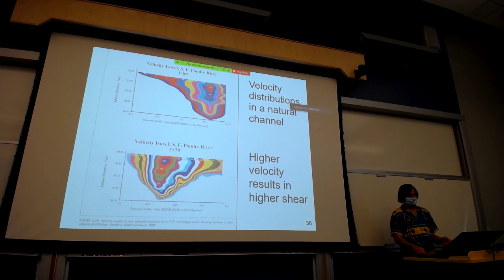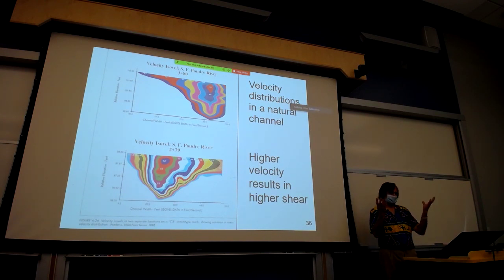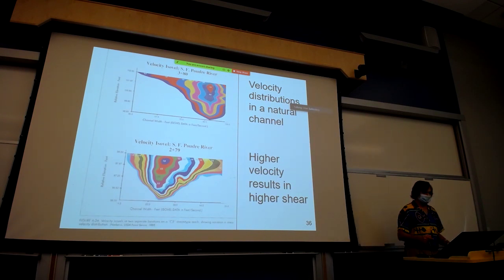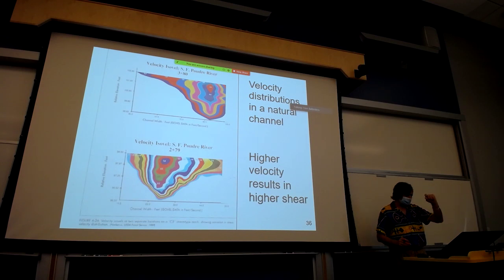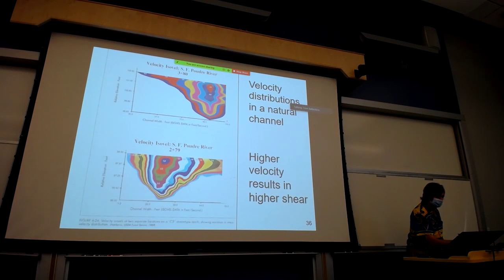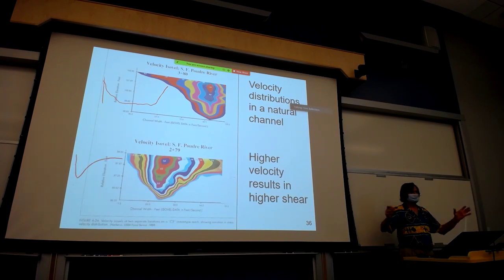In natural streams, these are actual velocity profiles in streams. So each color is a zone of constant velocity. And this would be in a cross-section that has scales much more spaced apart on the horizontal than the vertical. But this is basically a channel cross-section that looks almost rectangular. And this cross-section on the bottom is kind of on a meander bend.